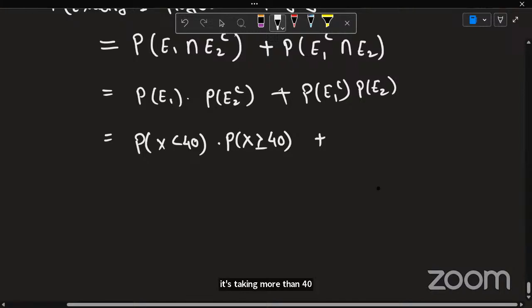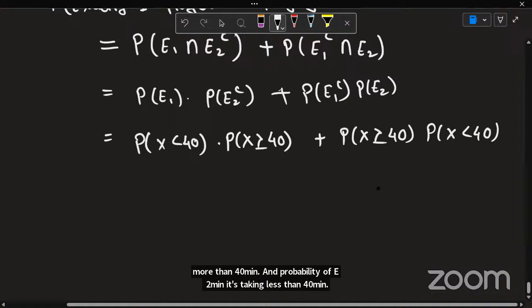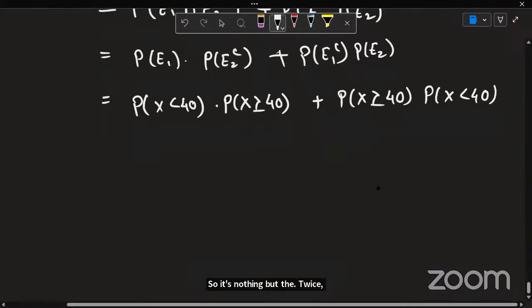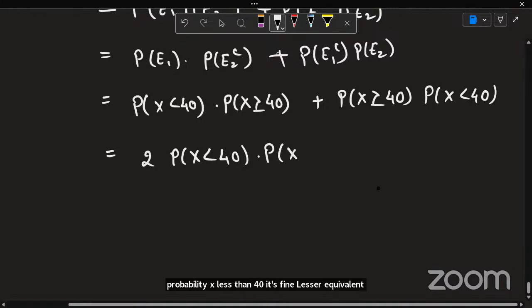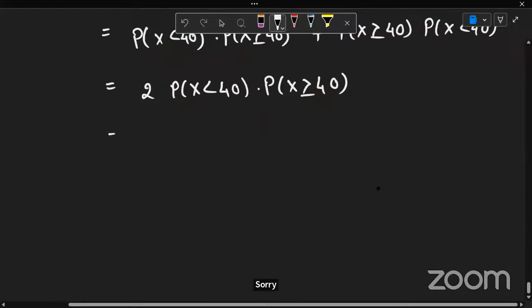Plus here E1 complement, that means it's taking more than 40 minutes, and probability of E2 means it's taking less than 40 minutes. So it's nothing but twice, right? Twice the probability of X less than 40. Sorry, greater or equal to 40. So we can write it by CDF. So it will be 1 minus e to the power minus 40 lambda.